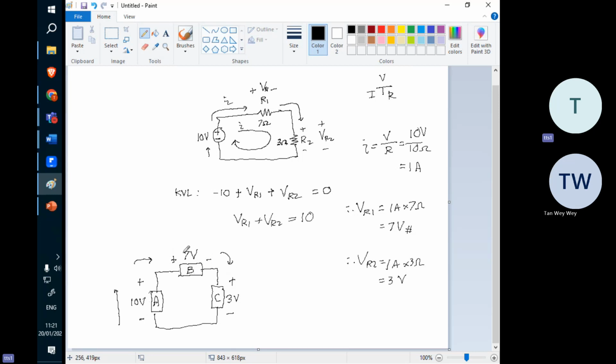So one negative, two positive, one negative, two positive. This negative is 10. The other one is a 3 plus 7. That means this must be supply. It's supplied to this. So I'm guessing this one must be the power supply. This one is a resistor. And this is how I make the assumption.